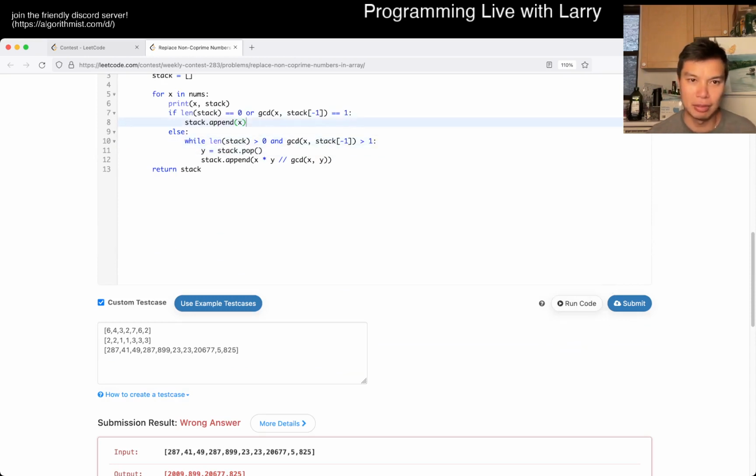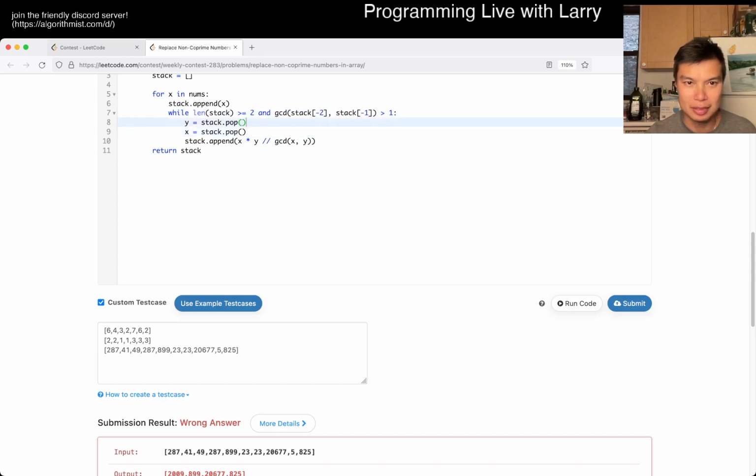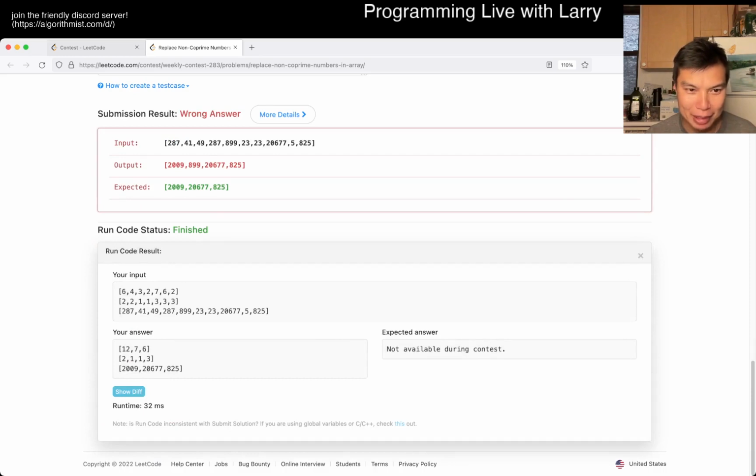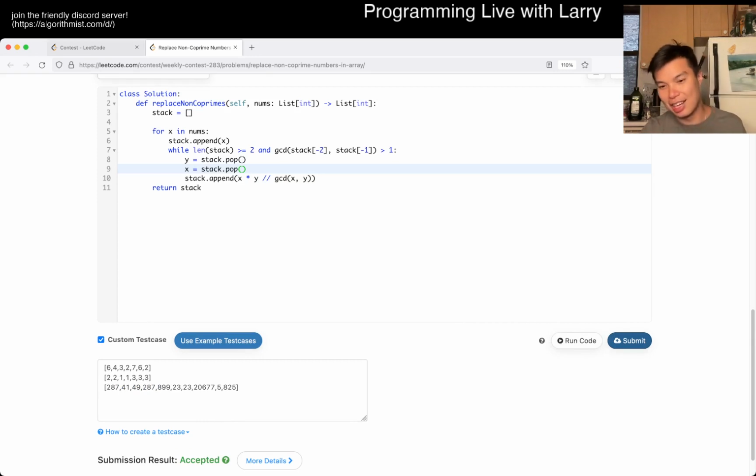Okay, so actually, what I want to do is, let me rewrite this. Whatever. I know that I'm shadowing, which is really bad practice, but oh man, Larry. You can't even get the simple thing right.